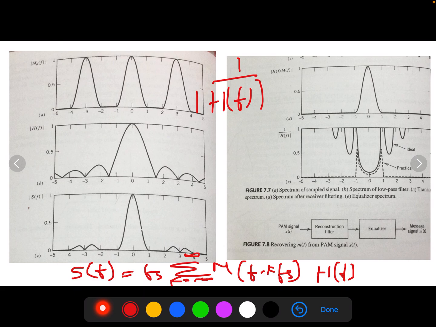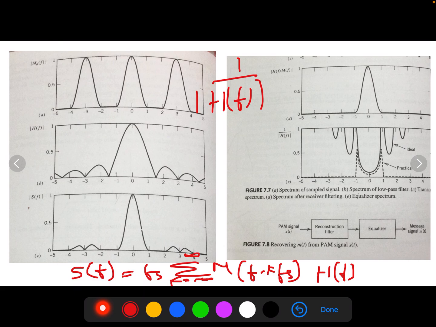So before going for the TDM, we need to understand the PAM. TDM is also done in the lab; before that we'll do the PAM. We'll get a sampled version of the message signal, and then that input is fed to the TDM experiment.